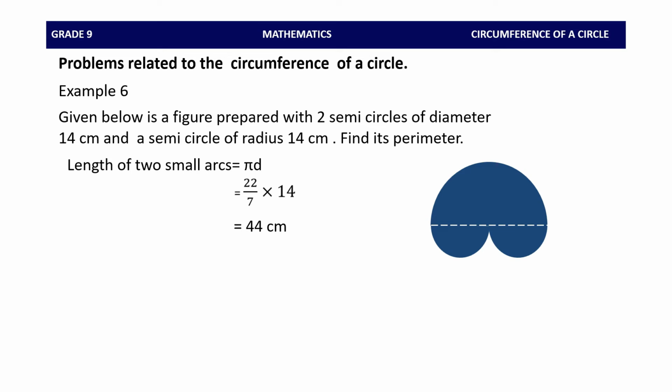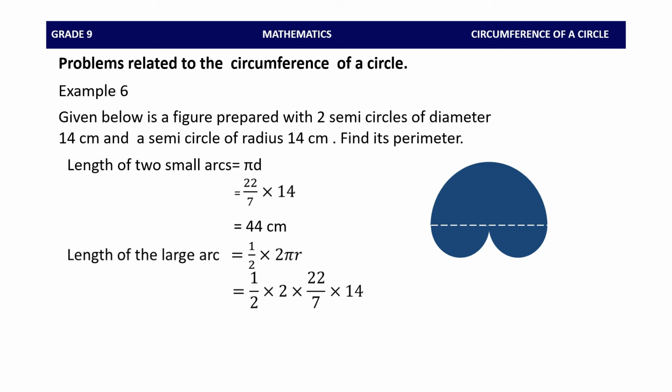The arc length of the larger arc can be calculated using half of 2πr. Substitute the values. Half multiplied by 2 multiplied by 22 over 7 multiplied by the radius 14. 2 and 2 simplified. 14 simplified with 7.